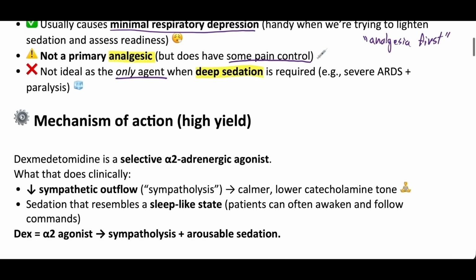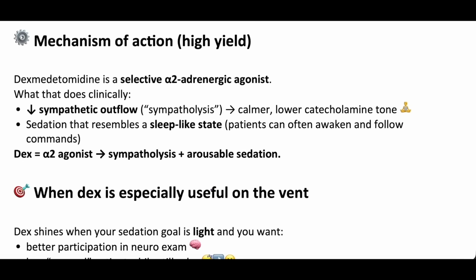Mechanism of action, how does it work? So dexmedetomidine is a selective alpha-2 adrenergic agonist. That is a mouthful. Alpha-2 is the receptor, adrenergic because they're catecholaminergic receptors, and agonist means it stimulates it. So what does that mean? It really decreases sympathetic outflow, right? Sympatholysis, lyses the sympathetic, decreases sympathetic outflow.